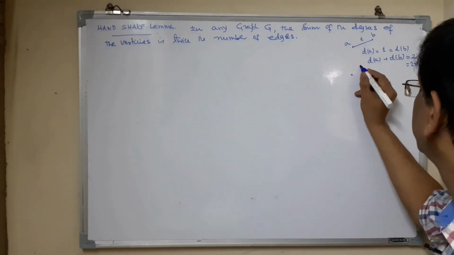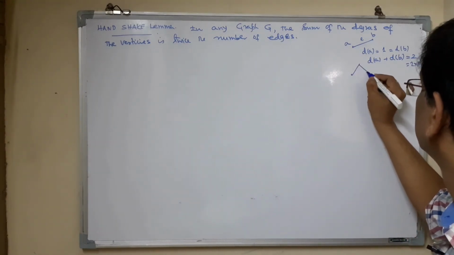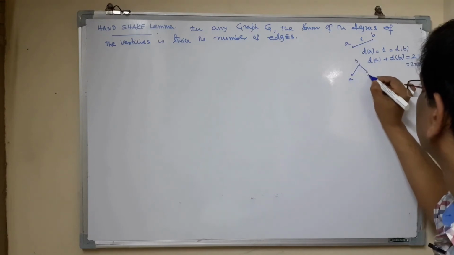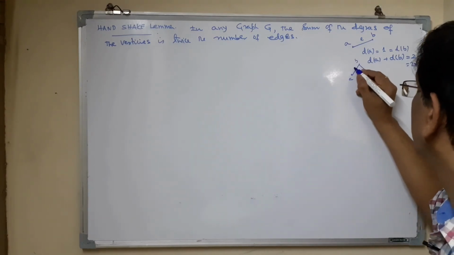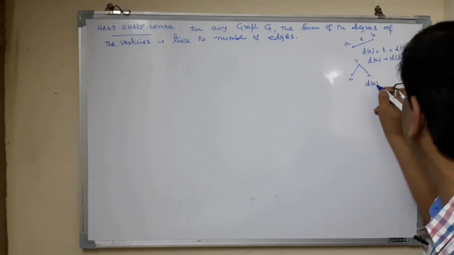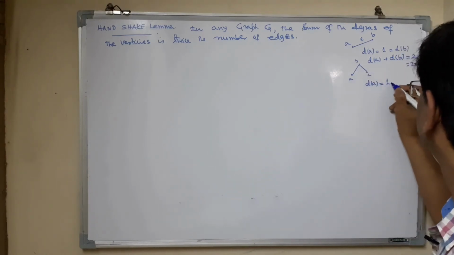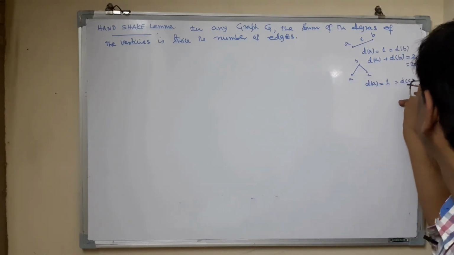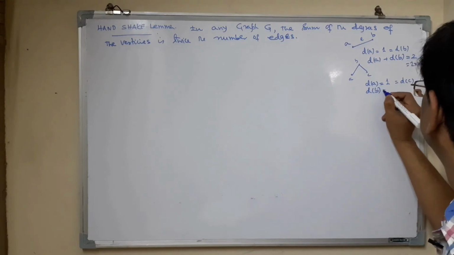Suppose you take 3 vertices. I mean, different cases I am talking about. What is the degree of A? The degree of A is 1, the degree of C is 1, the degree of B is 2.